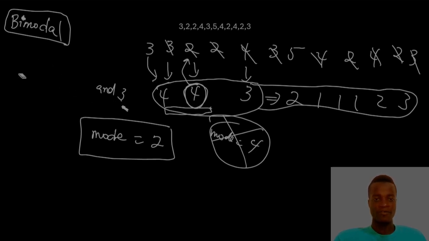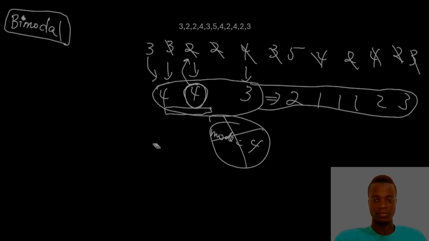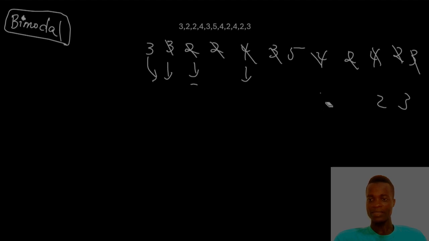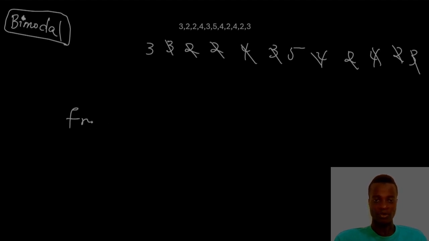So even if you have this, let's assume there are some items, right? There are some items, and I'm writing here the frequencies.